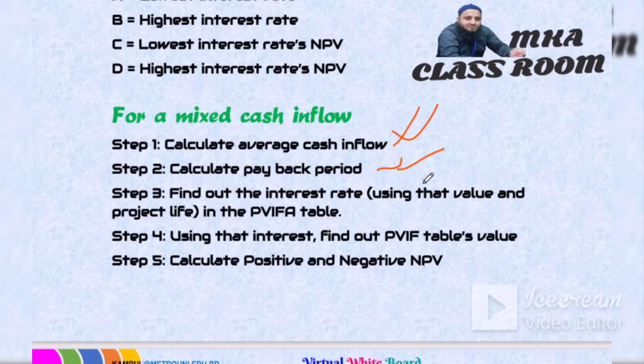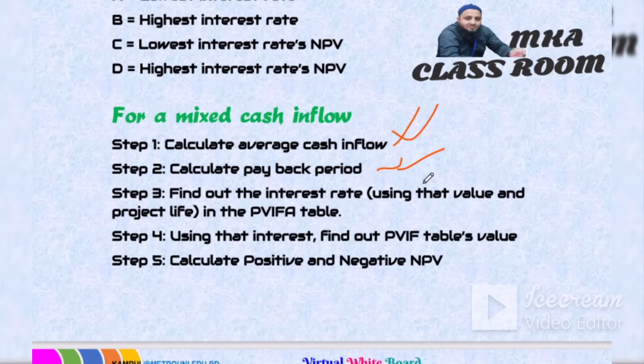If you do not have this cost of capital, then you have to find out the payback period. The payback period is 42,000 divided by 14,000. That means 3. Your project life is 5.